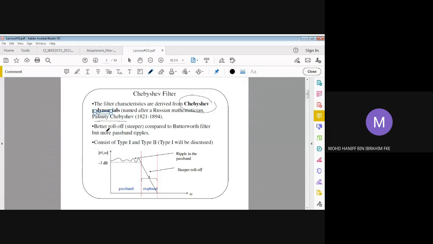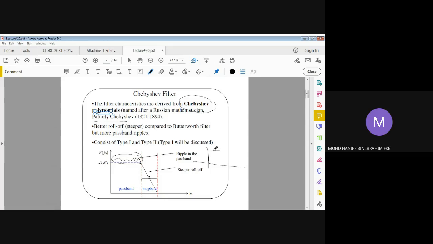If we compare the frequency response of the Chebyshev filter and the Butterworth filter, for Chebyshev we can have a ripple in the passband, compared to the Butterworth filter. For Butterworth, the passband is a straight line.